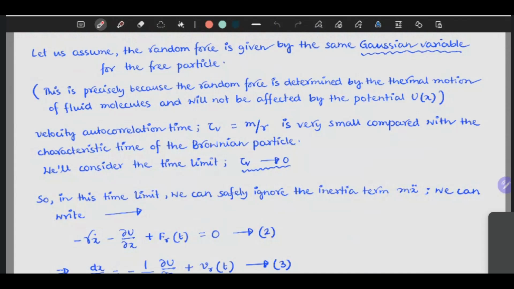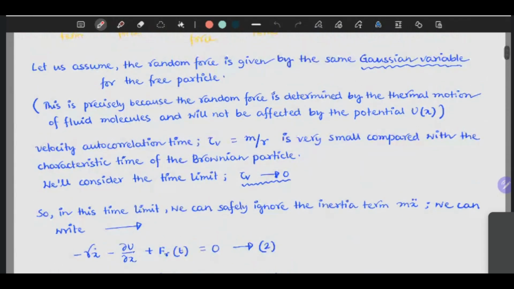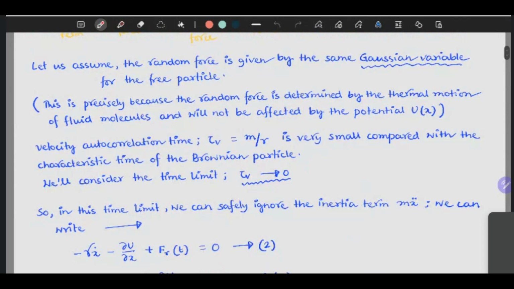Here we assumed a few things: since the velocity autocorrelation time, which is m by gamma, is very small compared with the characteristic time of the Brownian particle, which is a few milliseconds, we can consider the limit that tv, the autocorrelation time, tends to 0. That means it's very small, we can consider it as 0.